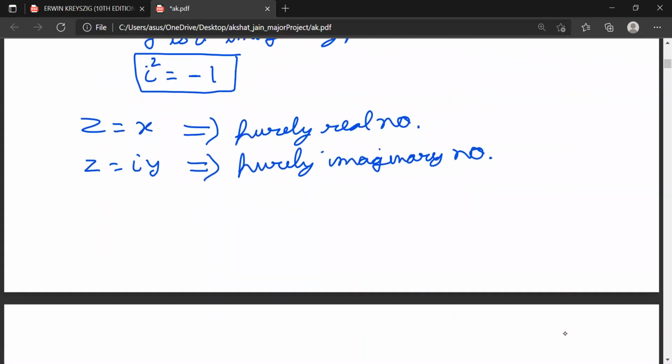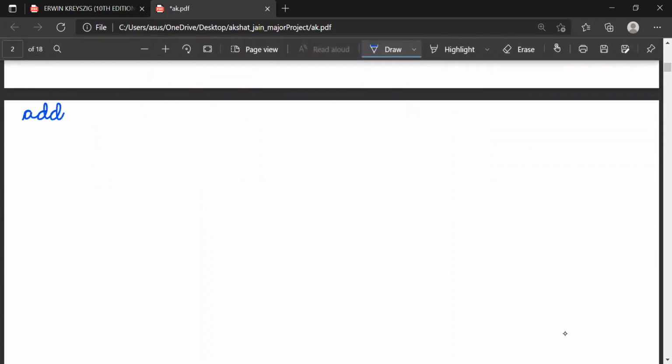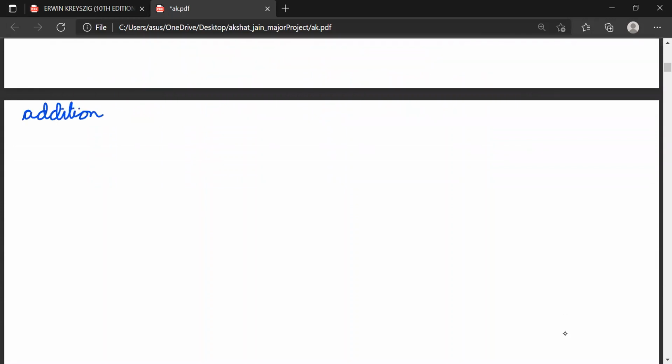Now we will see its addition and subtraction properties again in complex notation. First we will see addition. Z1 plus Z2 is x1 plus iota y1 plus x2 plus iota y2, which is equal to, what we are doing, we will add the iota parts together and the non-iota parts together.